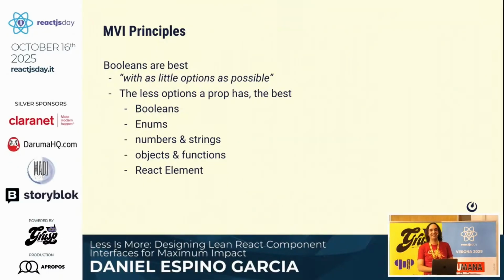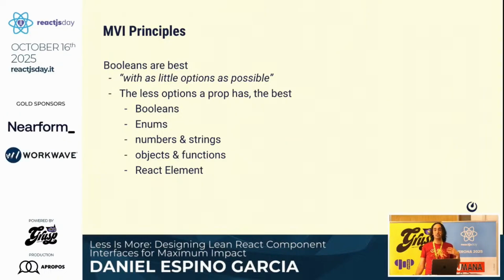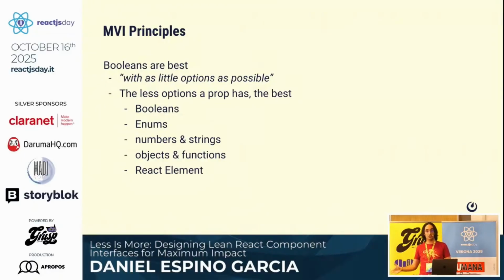The thing is, I don't like children in React for many reasons. In this context, I don't like children because, in general, with business code, you want to have full control over how things look.